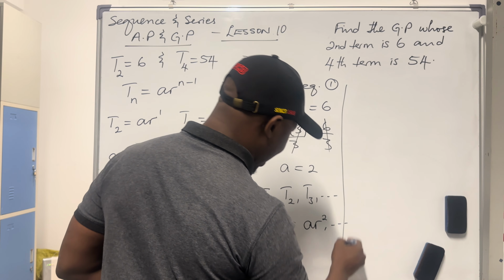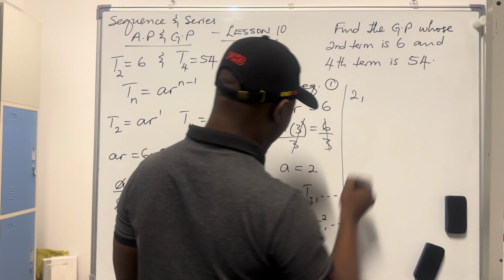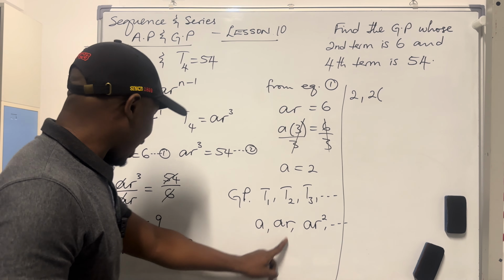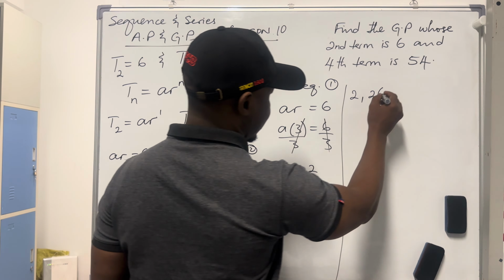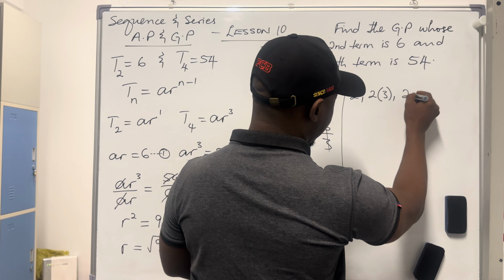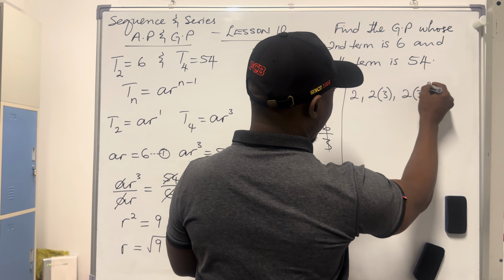So now we have this. What is A? A is 2. What is R? R is 3. We go again. What is A? A is 2. What is R? R is 3, or squared.